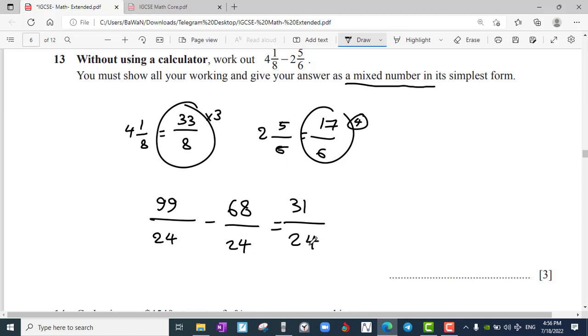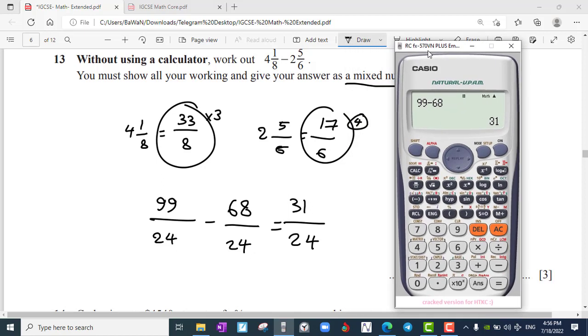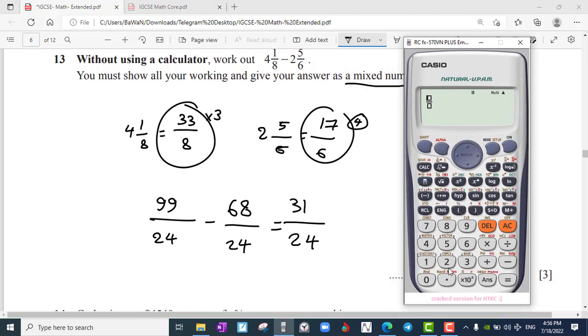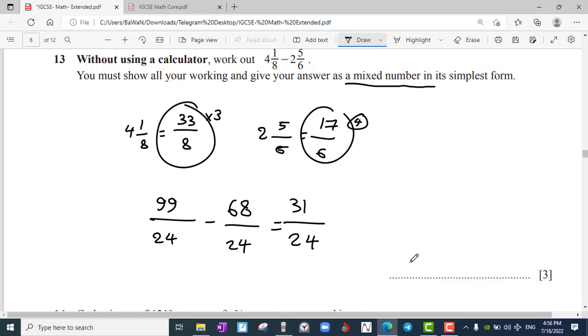This number is an improper fraction, 31 over 24. So if we press shift and this, we will get the answer as a mixed number, 1 and 7 over 24. Or we can say, how many 24s are there in 31?